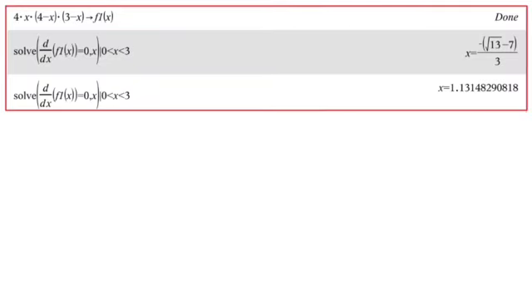Define the function, then solve for the derivative equals 0 for x, with x between 0 and 3. I got that, and then I decided to get a decimal value for the same thing, and I got that, alright? So therefore, 1.13, which is closest to B.